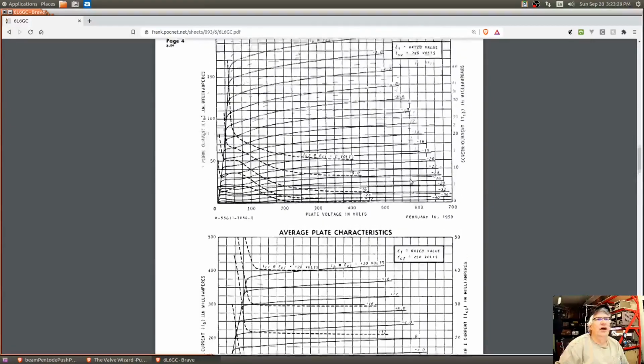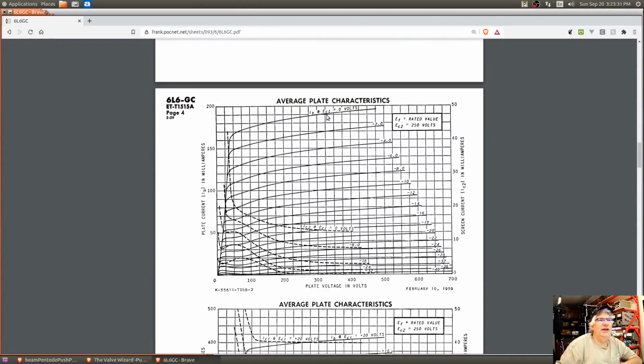And the top line is EC1 at 0 volts. You use this data for when you do not want grid current, so that is for class A, A1, and class AB1 designs.